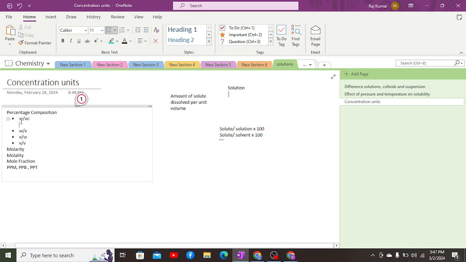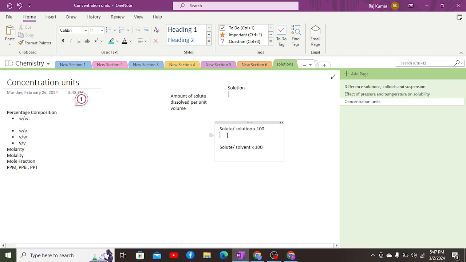Weight by weight percentage composition shows that we divide the weight of the solute by the weight of the solution. Weight of solute divided by weight of solution into 100 is equal to weight by weight percentage, right?